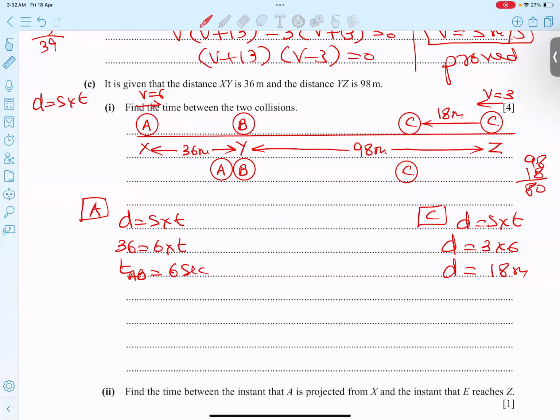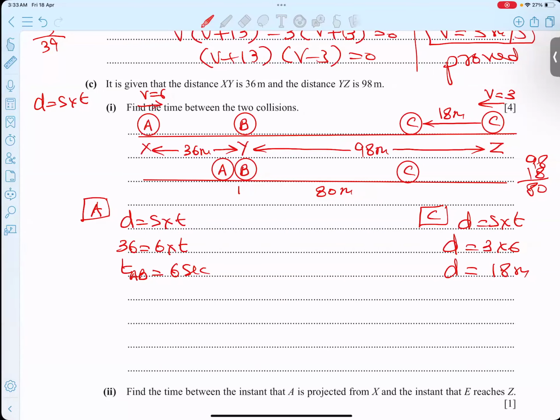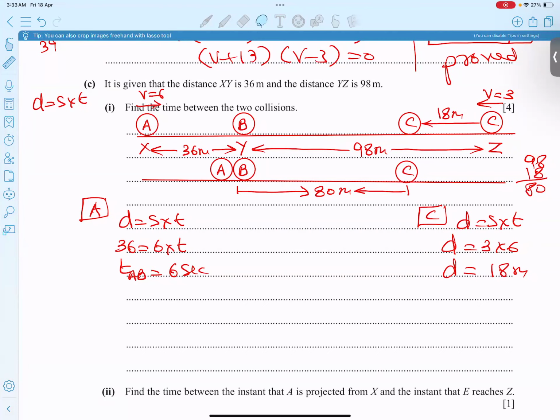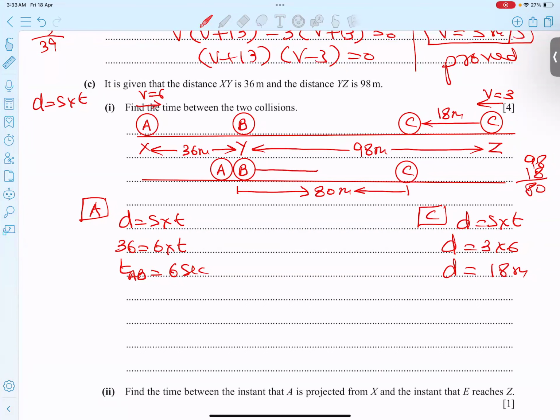And this is just a timeline or distance line, you can say. The distance between them is now 80 meters, from this to this. Now, definitely they will collide. When they reach the middle, all three objects will collide here.